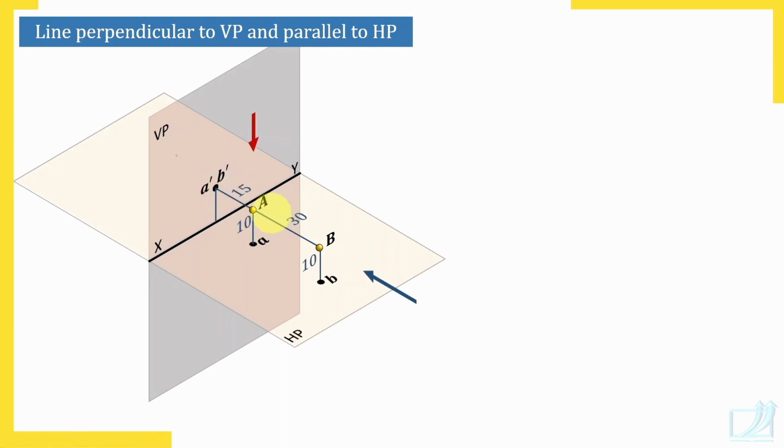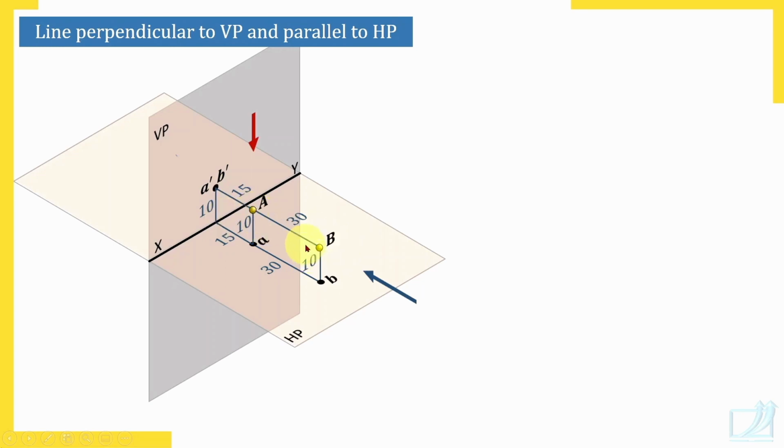So A dash and B dash, front view gives distance from HP. So both points are at same distance from HP, 10 millimeters. But top view gives distance from VP. Distance of point A from XY line is 15 millimeters. Point B is 45 millimeters from VP.